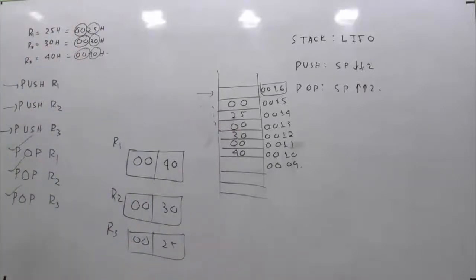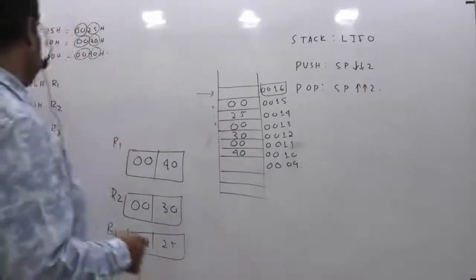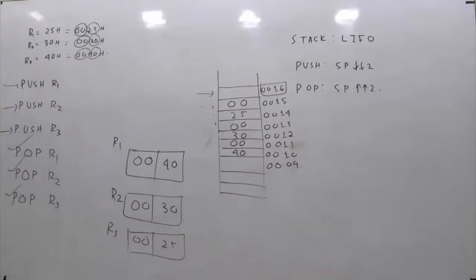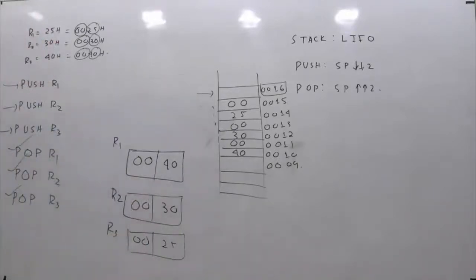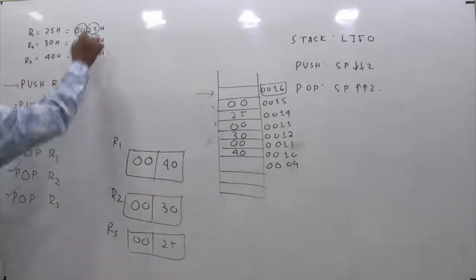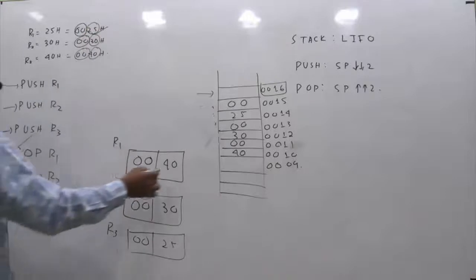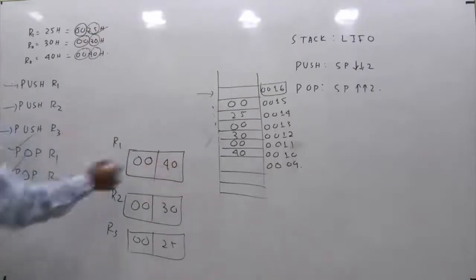Initially it was pointing to these locations. With 3 push instructions the stack pointer decremented by 6, and with 3 pop instructions it is incremented by 6, so the stack pointer is coming back to its original position. You can see that before execution the content of R1 was 25, but after execution the content of R1 is 40.